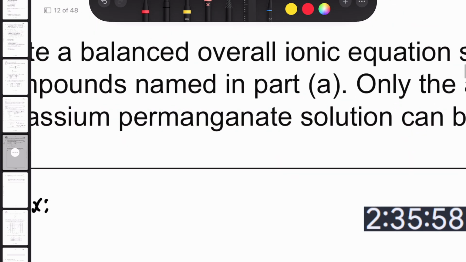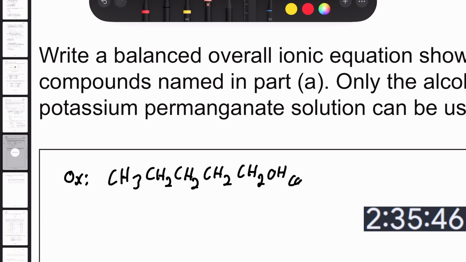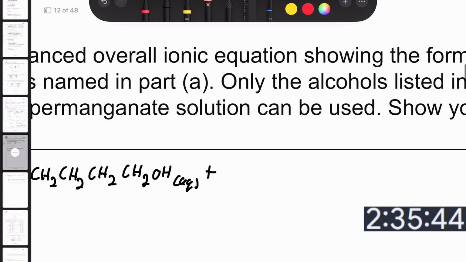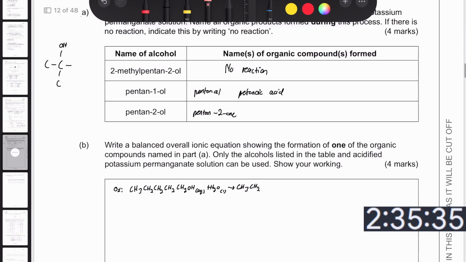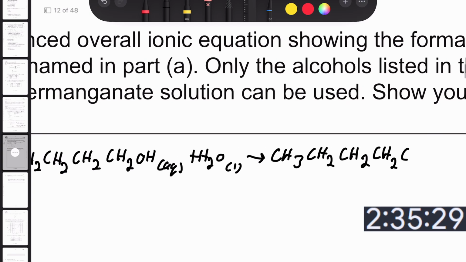So then this will be CH3CH2CH2CH2CH2OH aqueous. We're going to have water, and then this is going to form CH3CH2CH2CH2.